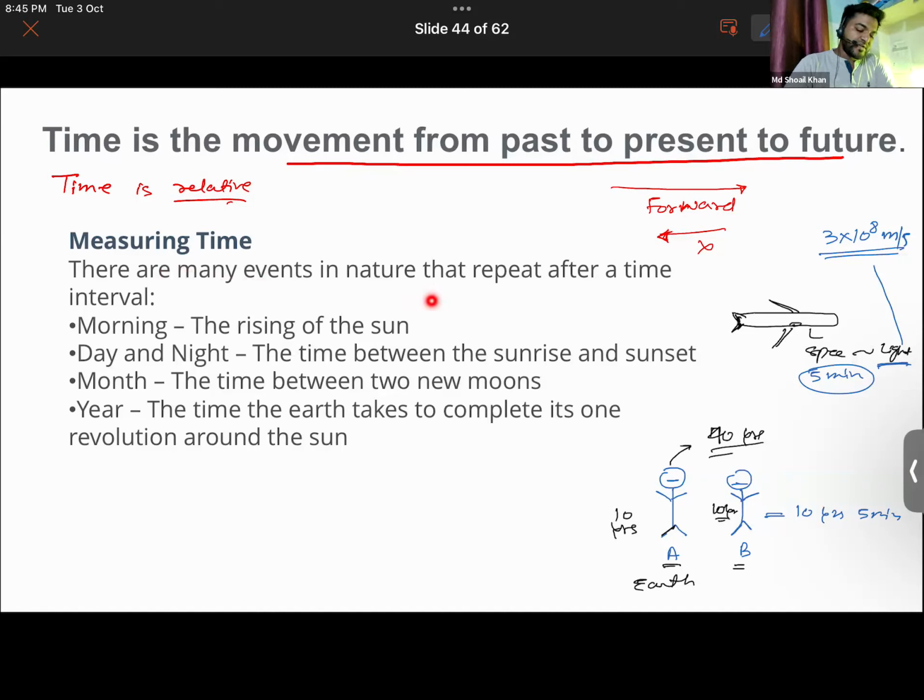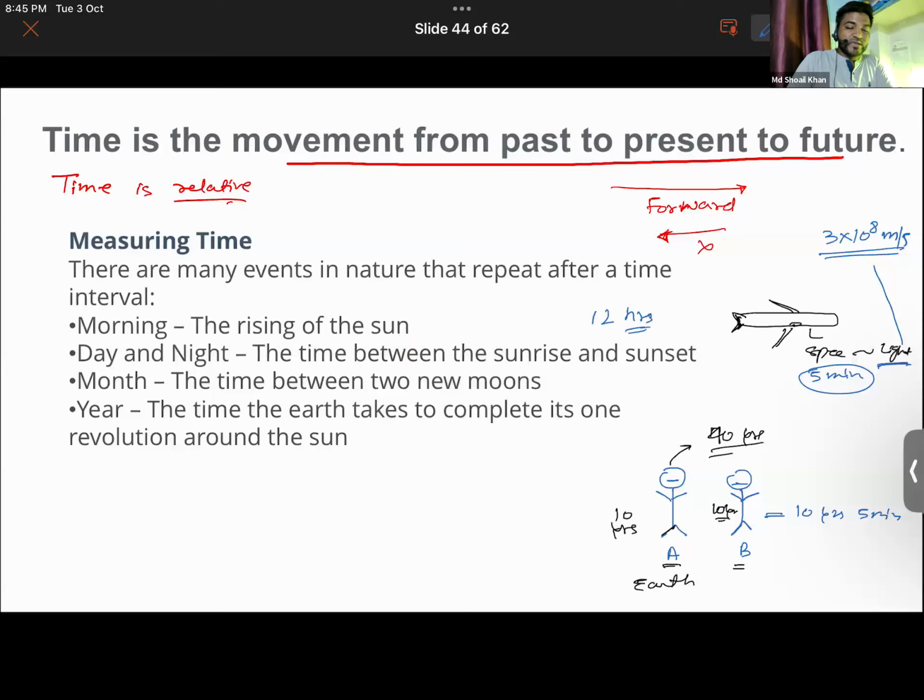There are many events in nature that repeat after a time interval. For example, the rising of the sun repeats every morning. Our Earth is rotating every 24 hours, and due to the rotation we see the morning. So basically day and night are due to the rotation of the Earth, right? The time between sunrise and sunset is almost 12 hours.